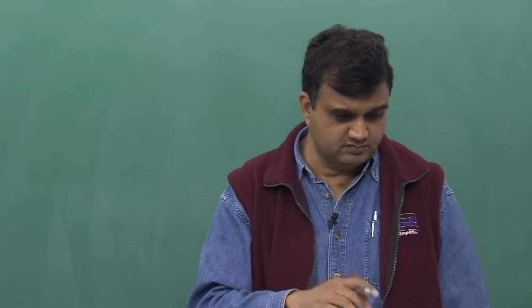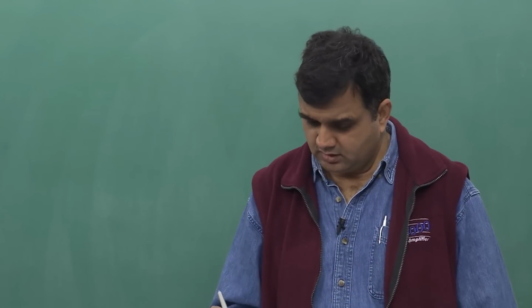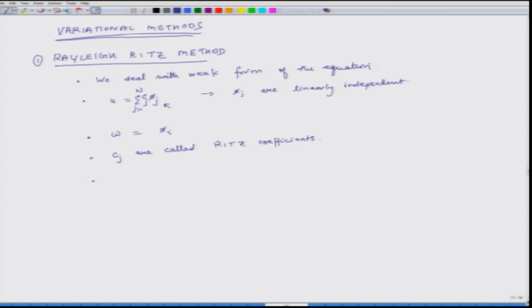So, I get n equations in n unknowns, and I can solve them. Further, what we had discussed in the last class and the class before that is that these functions phi j's have to meet only essential boundary conditions.